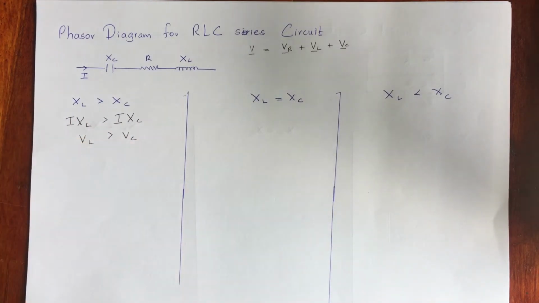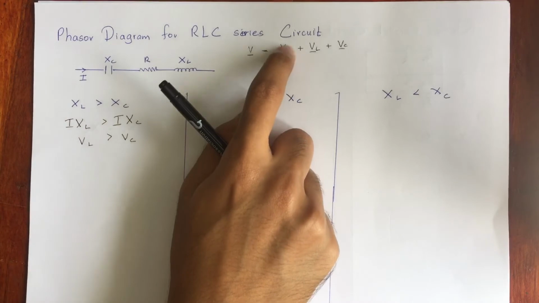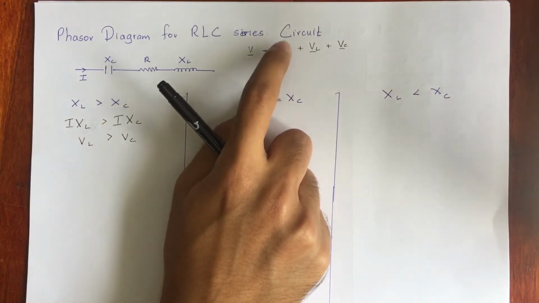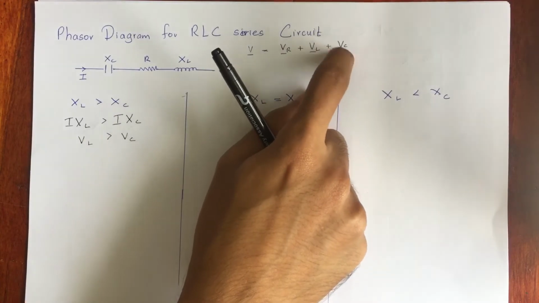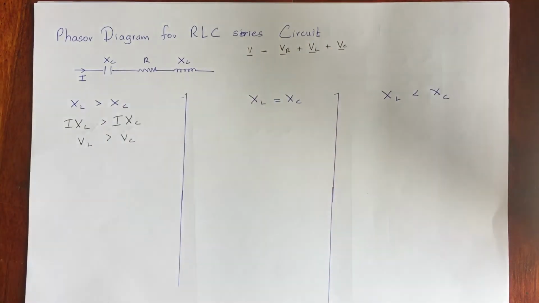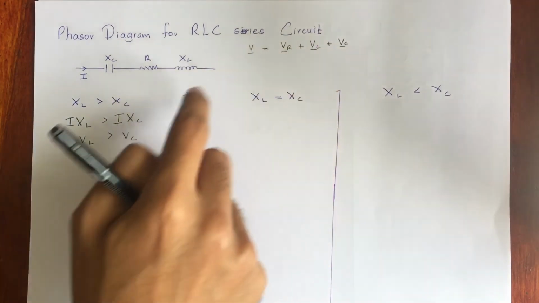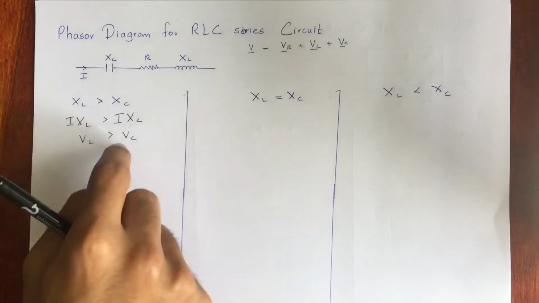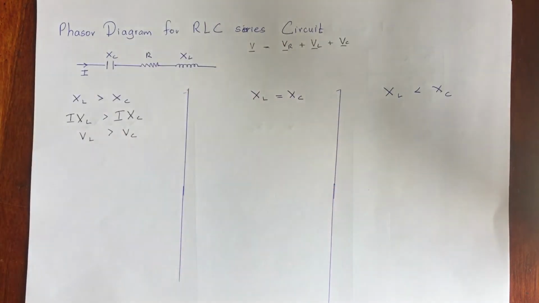VL is the RMS value and VC is the RMS value, and VL is going to be higher. In another way, the magnitude of this vector is VC, the RMS value. Actually, we call that RMS value the magnitude of the vector. So this one is going to be VC, and then the magnitude of this one is the vector VL, right?